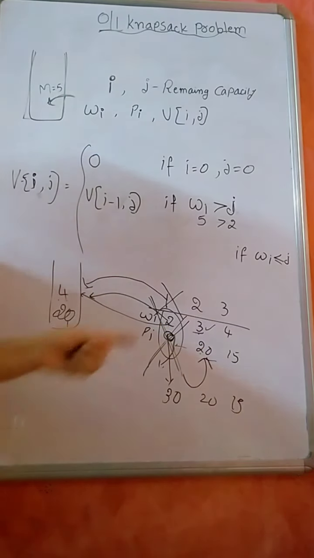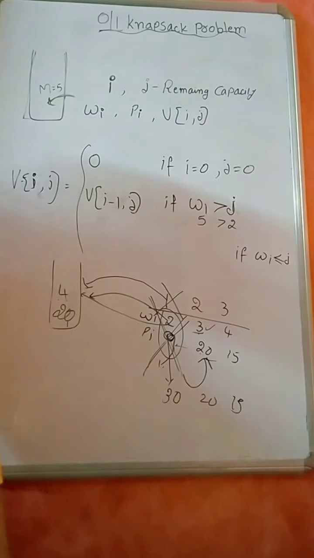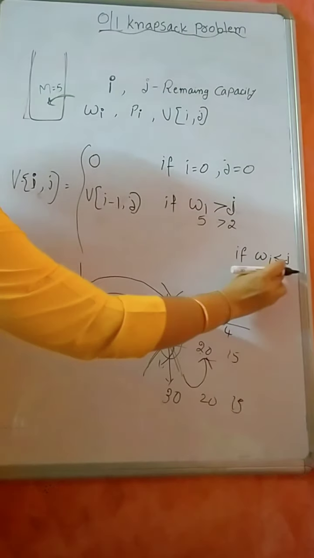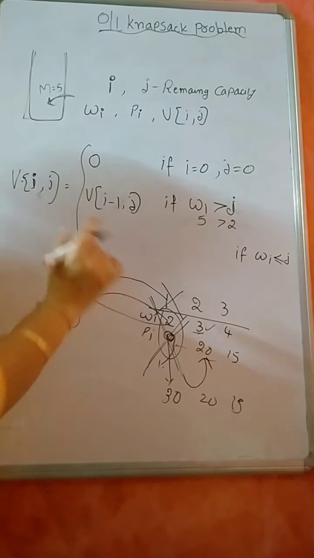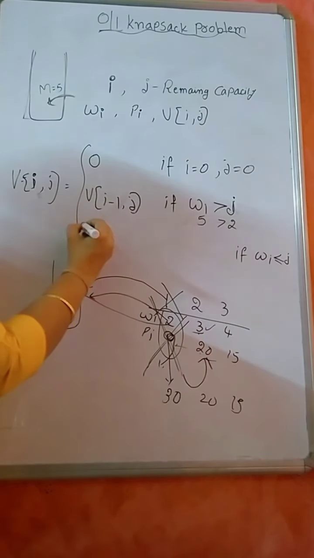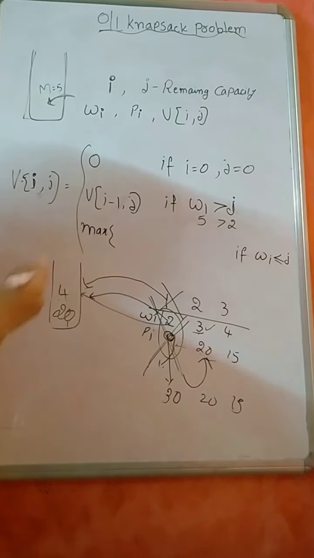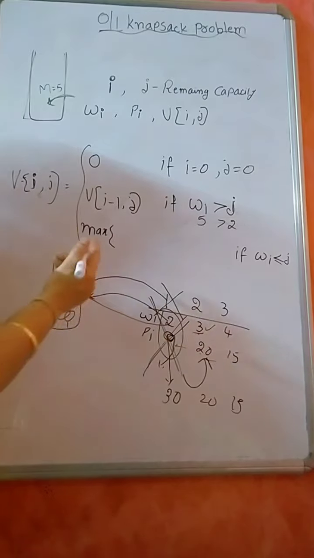So when the weight of the ith object is less than or equal to the remaining capacity, you have two options. One, I can select; one, I can reject. So what to do now? Whichever is giving me the maximum profit, I have to go for that. So if the weight of your ith object is less than or equal to J, then either you may select the object or you may reject the object, whichever is giving me the maximum profit.